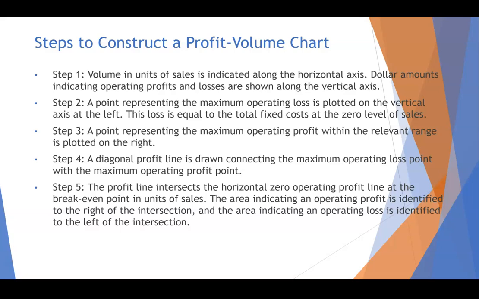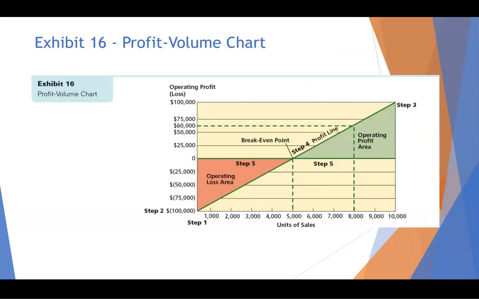Then a point representing the maximum operating profit is plotted on the right, the diagonal profit line is drawn, and the profit line intersects. So as you see here, the break-even point for Munoz is 5,000 units of sales, which is total sales of $250,000, 5,000 units at $50.